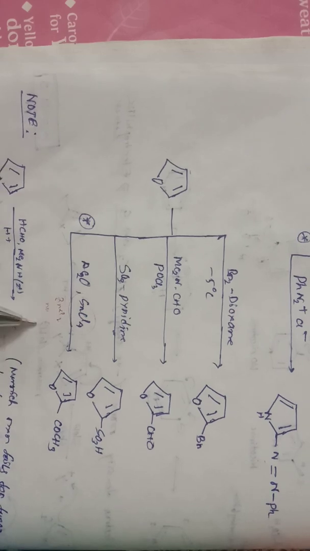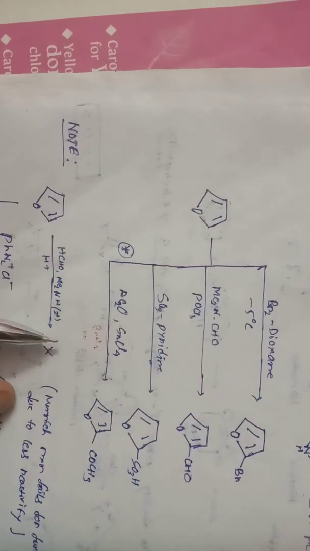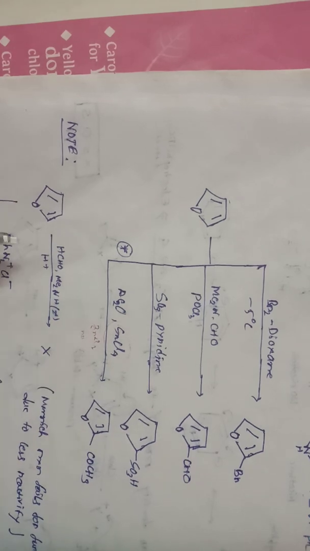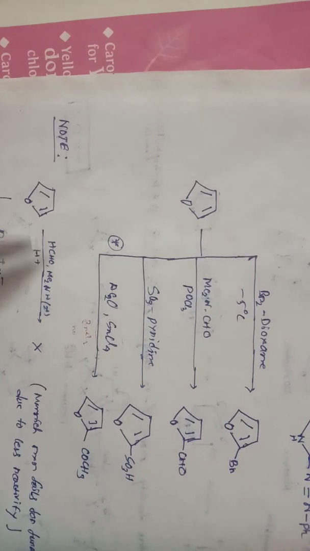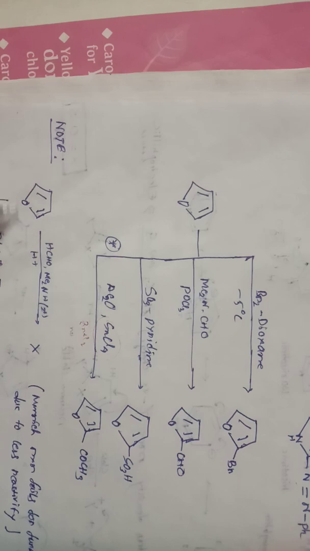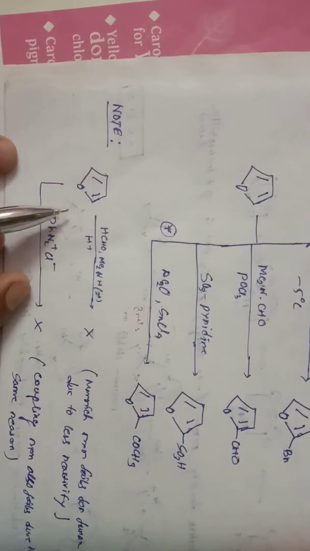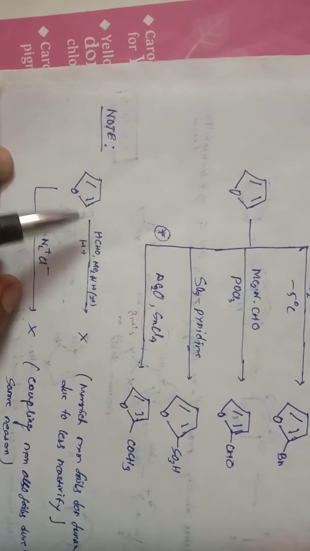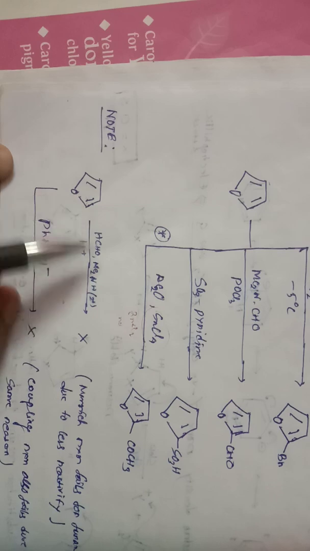But the difference between the reactivity of furan and pyrrole is that if we react furan with HCHO and Me2NH, that is the Mannich reaction, the Mannich reaction fails for furan due to its lower reactivity. In the case of the Mannich reaction, furan does not participate.